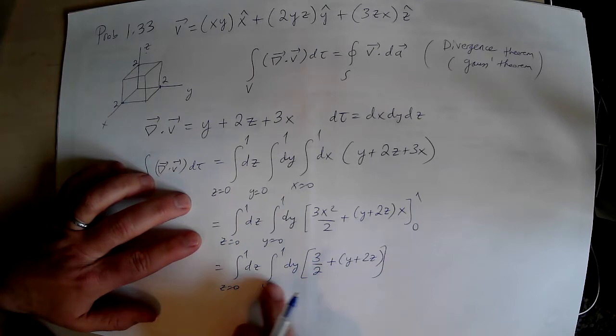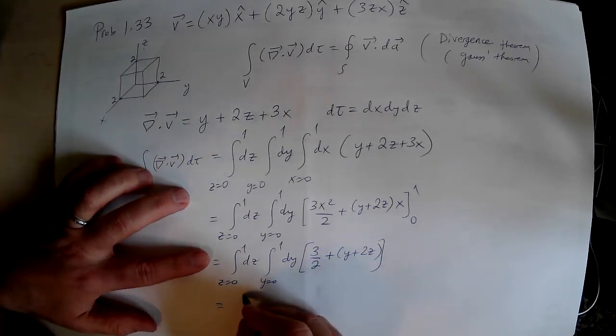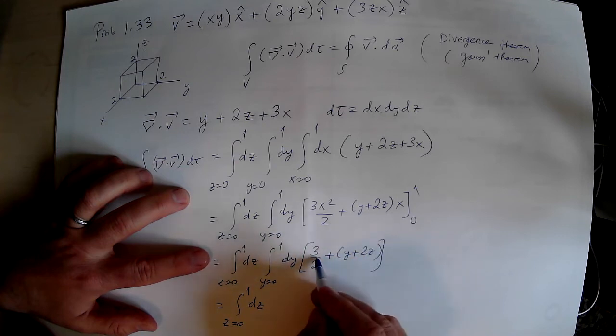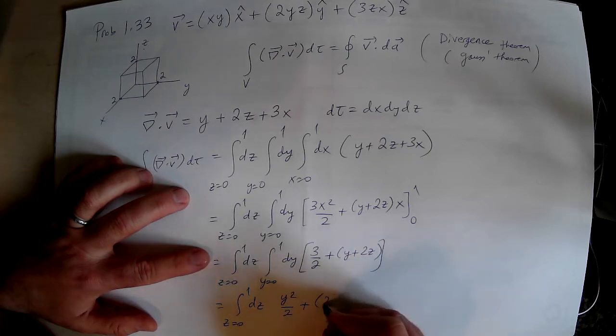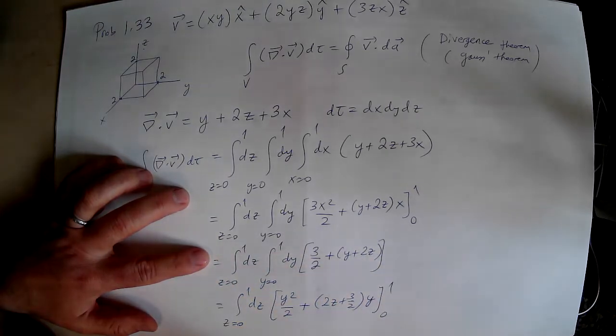All right, so now do the y integral, z equals 0 to 1 dz. And the y integral, there's a y here, and then 2z plus 3 over 2 will act like a constant. So I will have y squared over 2 plus 2z plus 3 over 2 y evaluated 0 to 1.